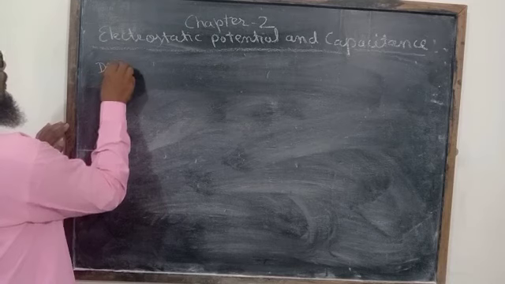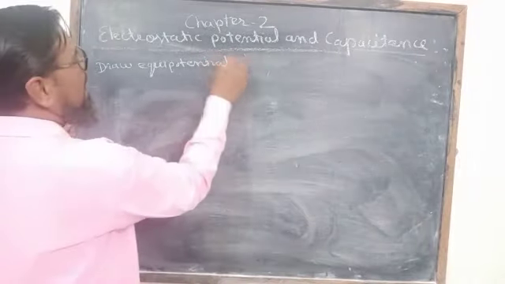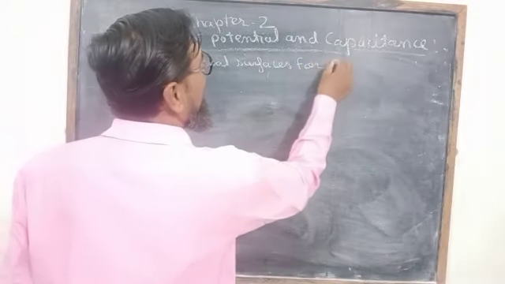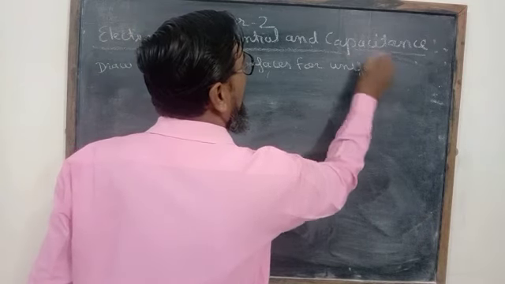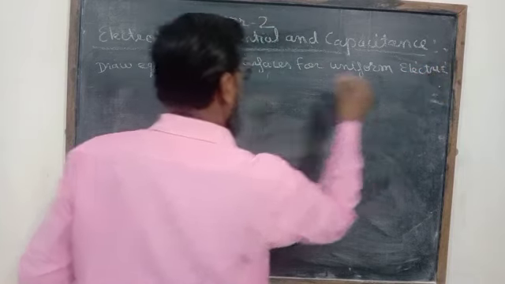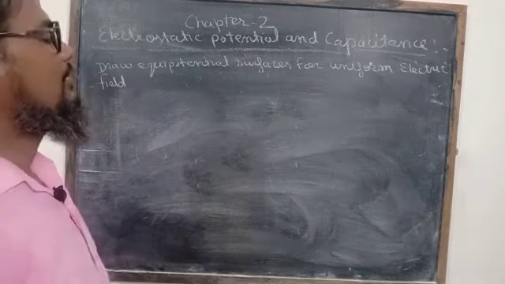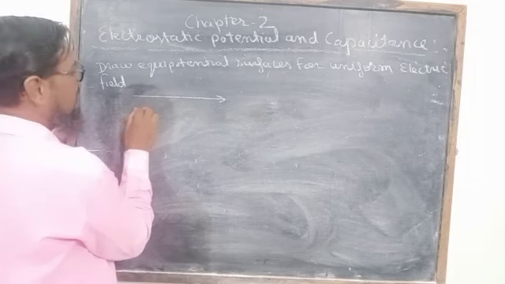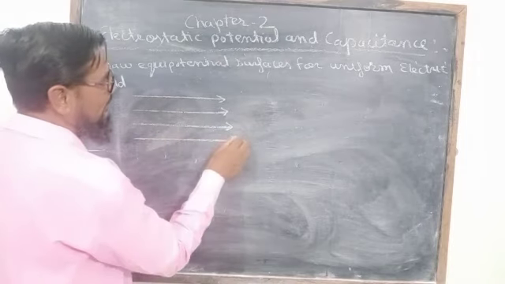Draw equipotential surfaces for uniform electric field, and we know that for a uniform electric field, the electric line of forces are always parallel to one another.